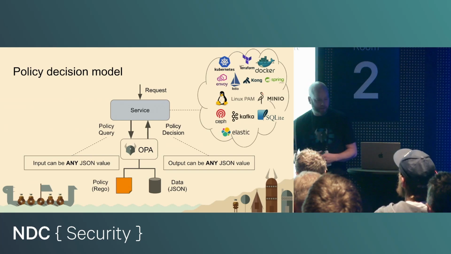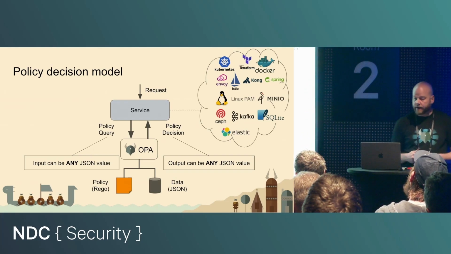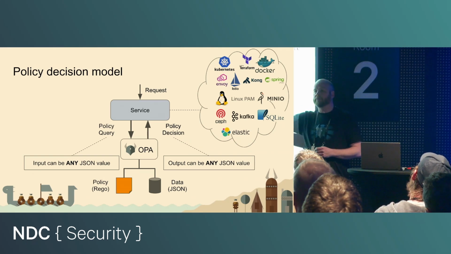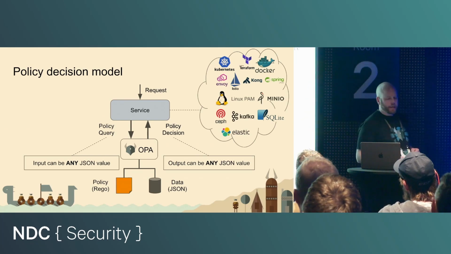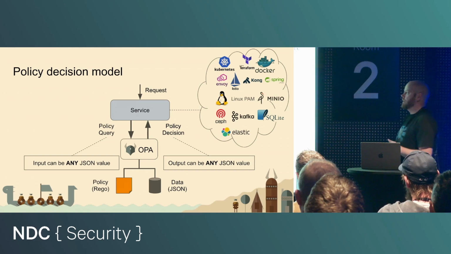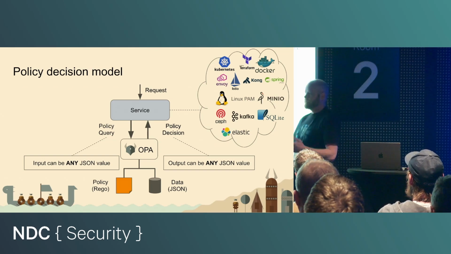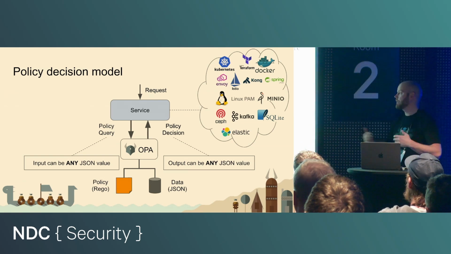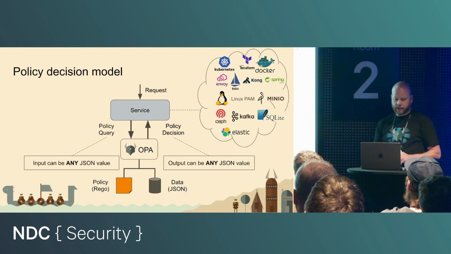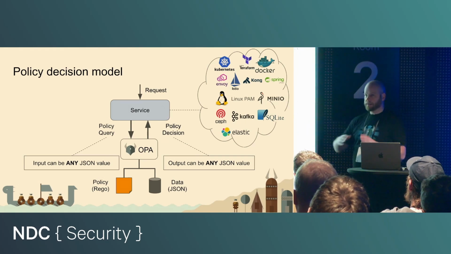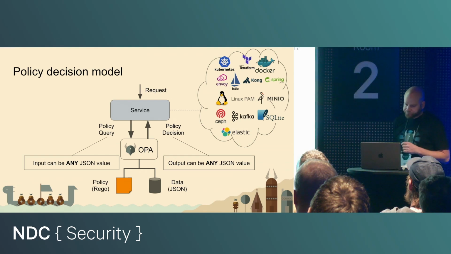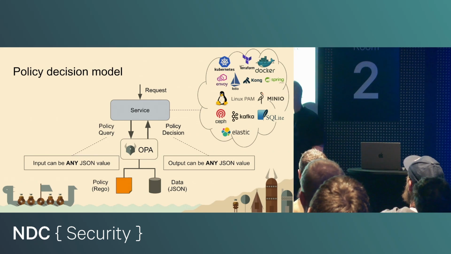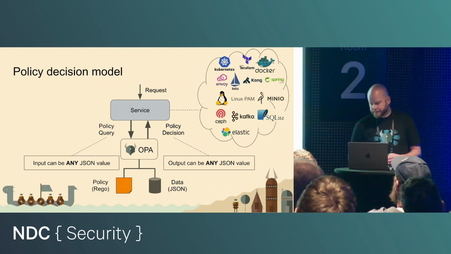When we receive that request, we say, hey, rather than trying to decide whether we should allow this or not, I'm going to delegate that responsibility to OPA. And I do that by sending a policy query, basically saying, I have this user, I have this data, and I have this endpoint or this resource, this action, should we allow that or not? That query is just a piece of JSON data. So OPA takes a look at whatever policy we provided it and potentially some other external data.